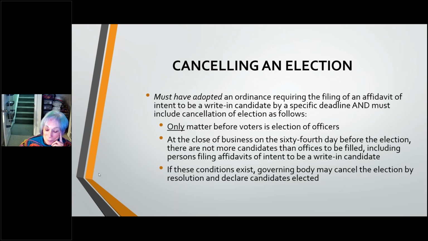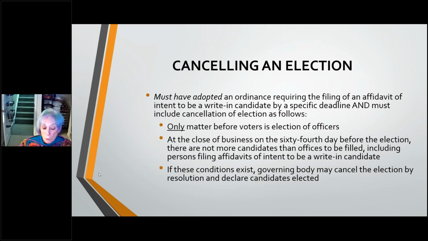And then one last question: what happens if there are fewer people running for office than there are seats? Just as I said, if you're going to cancel the election, the people who are on the ballot, even if they're not enough, are declared elected.